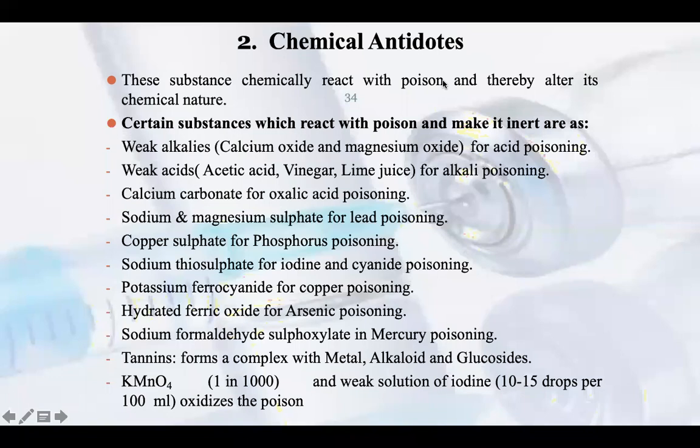Sodium and magnesium sulfate for lead poisoning. Copper sulfate for phosphorus poisoning. Sodium thiosulfate for iodine and cyanide poisoning, potassium ferrocyanide for copper poisoning, hydrated ferric oxide for arsenic poisoning, sodium formaldehyde sulfoxylate in mercury poisoning.